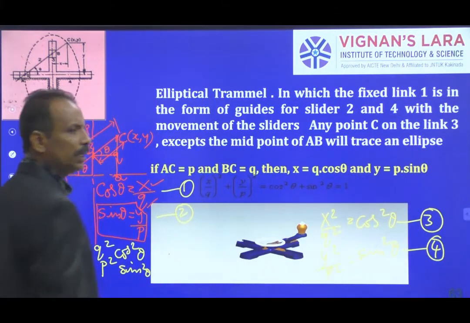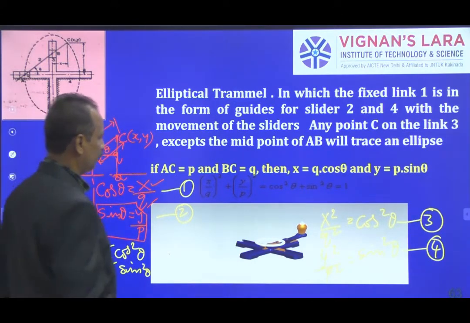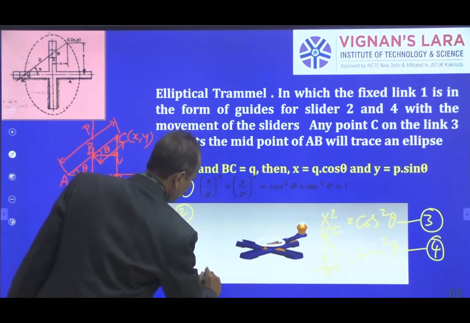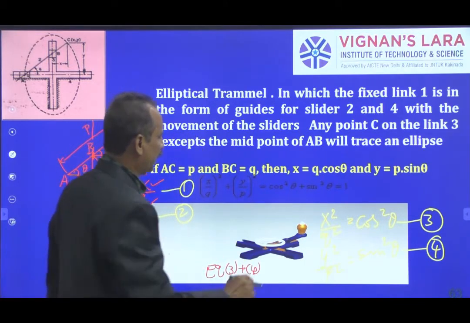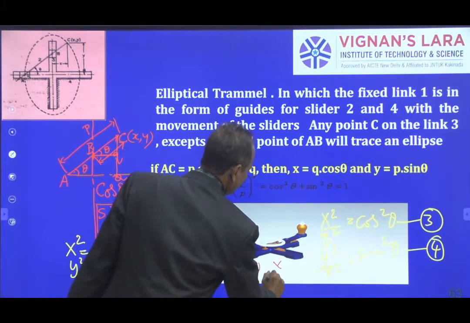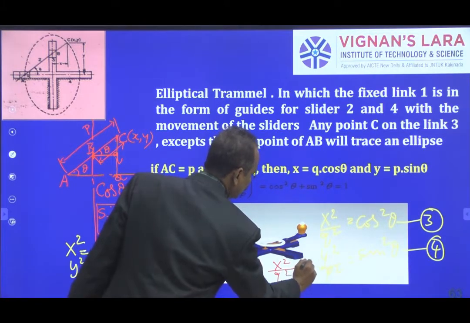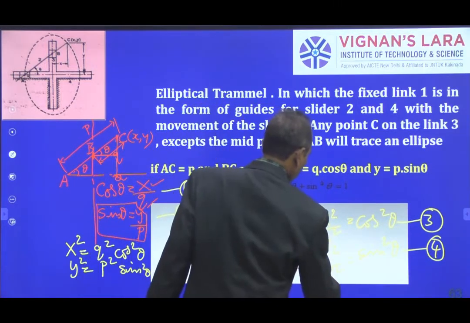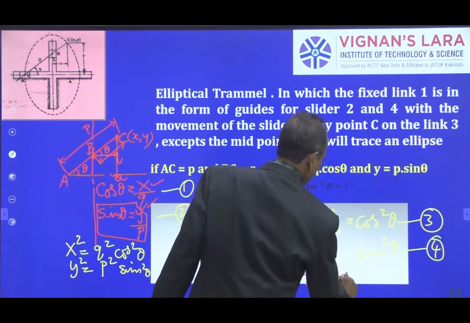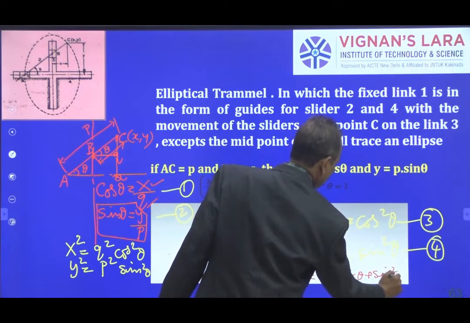So by adding equation number 3 and 4, I can write x square by q square plus y square by p square is equal to cos square theta plus sine square theta.